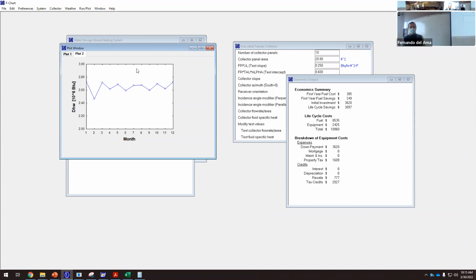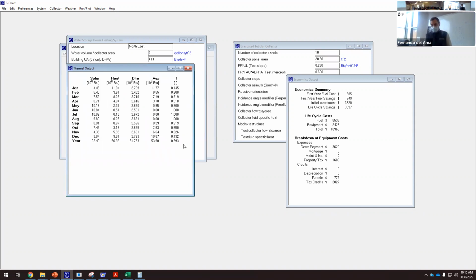But then we have 30, 31 days, 28, 31, 30, 31, 30, 31. It depends slightly on the outdoor temperature, but it's steady. So there's a difference from the heating load. The maximum heating load is in January and December, and we don't have any heating load in summer, but the hot water consumption is steady throughout the year.